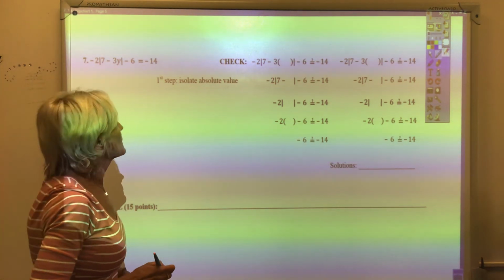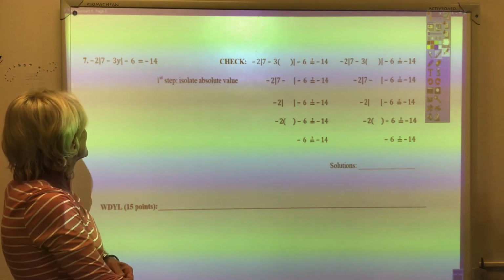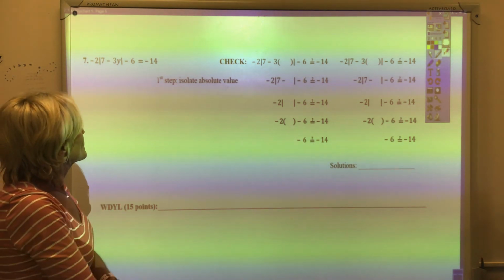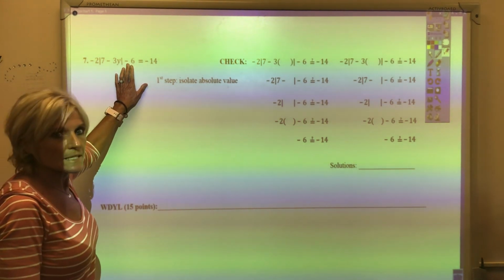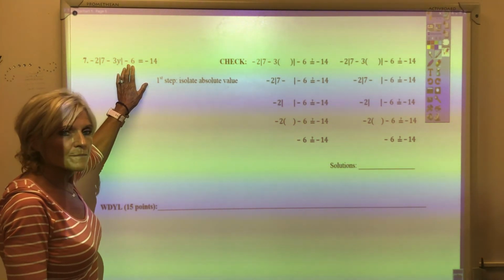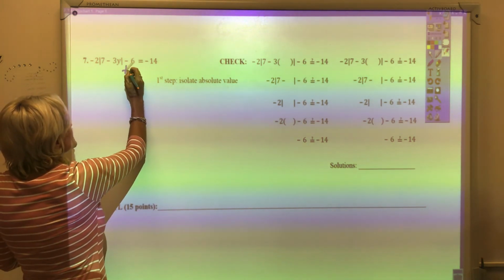Okay, on practice example number 7, the first thing we want to do again is isolate the variable. So we see this minus 6 that's outside of the absolute value and away from it. We're going to add 6 to both sides.